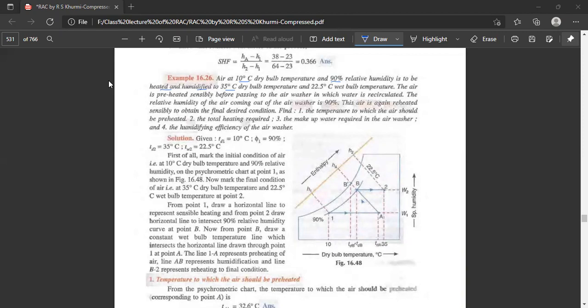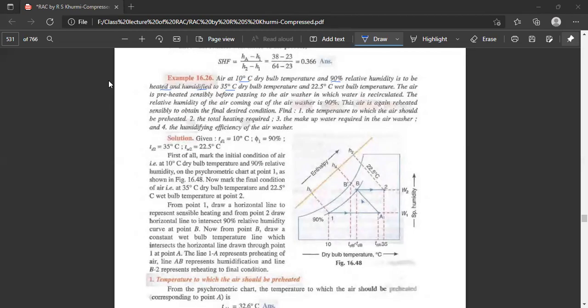So input temperatures and input points are given from the diagram and relative humidity, and the output point is also given. Air is first preheated sensibly before passing to the air washer, in which water is recirculated. The relative humidity of the air coming out is 90%.